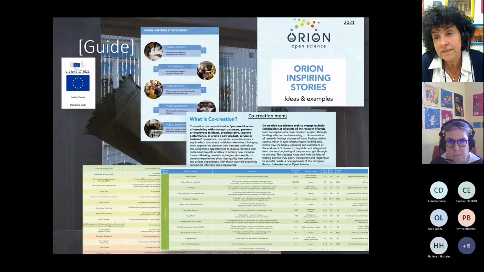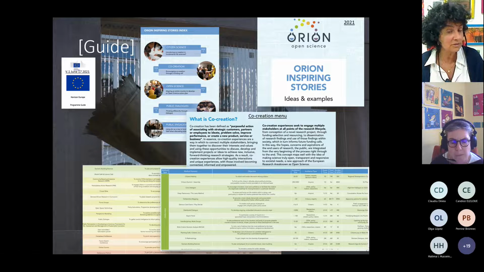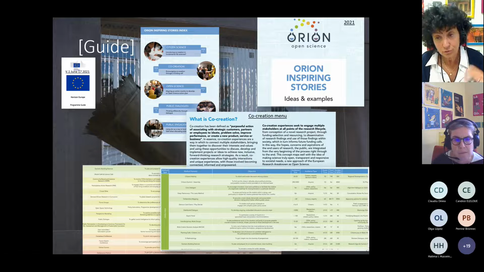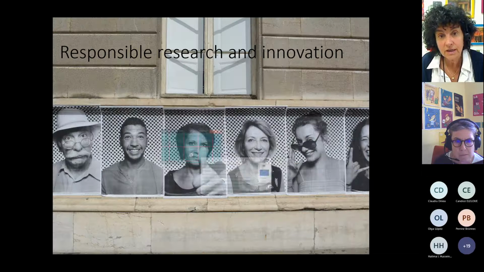In the Open Science module, we saw this co-creation menu, so more than, I would say, 30 different co-creation activities. They might be suitable for your research, they might not be suitable. It's up to you to adapt the most suitable co-creation action to your kind of research.